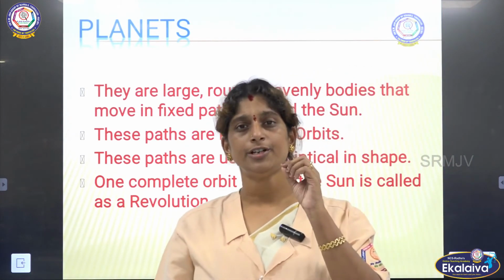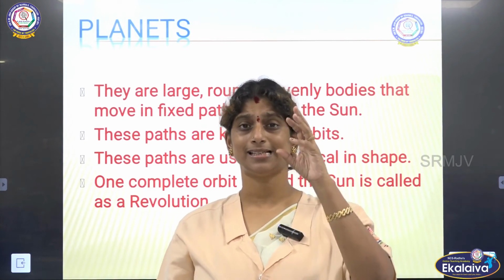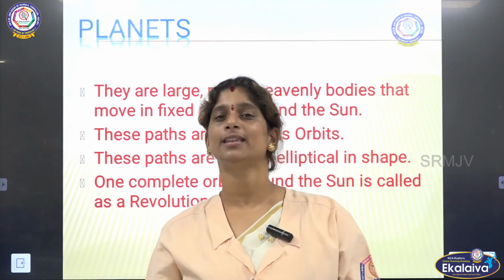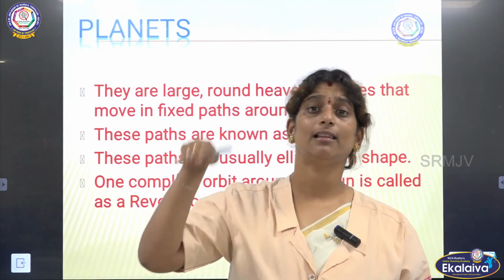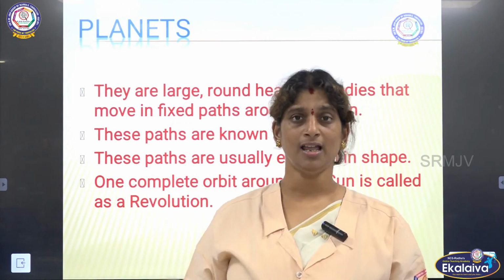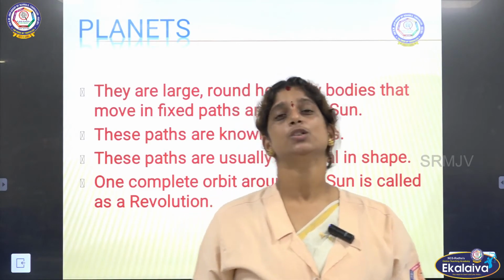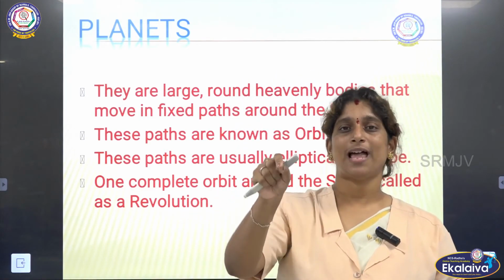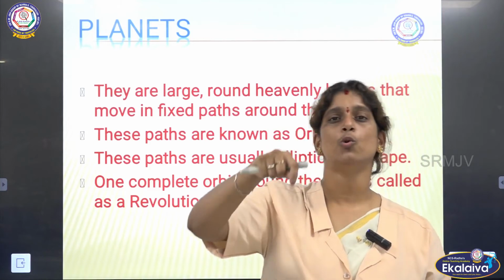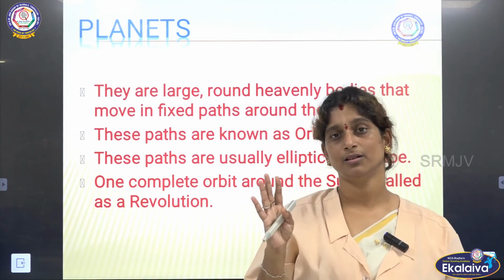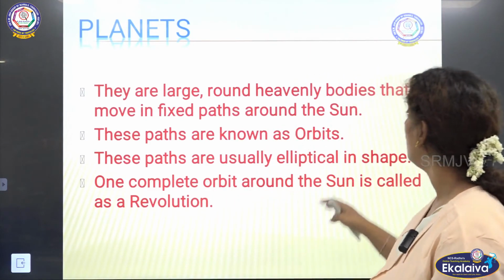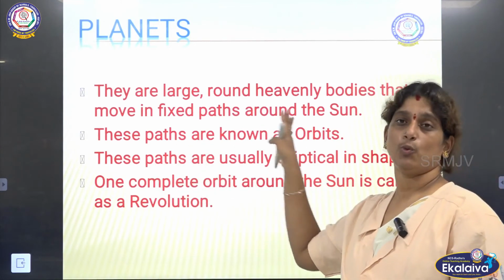Whenever you see a picture of the solar system, you will see the sun in the center and lines around the sun, and on each line there is a planet. It means each planet goes along its own line around the sun. Clear? These paths are known as orbits.